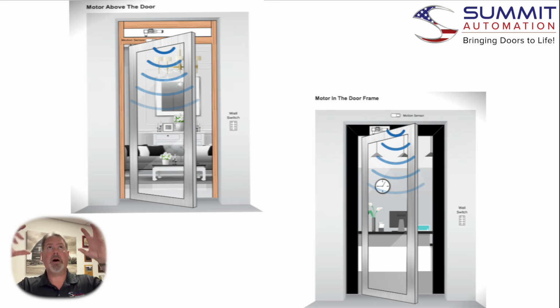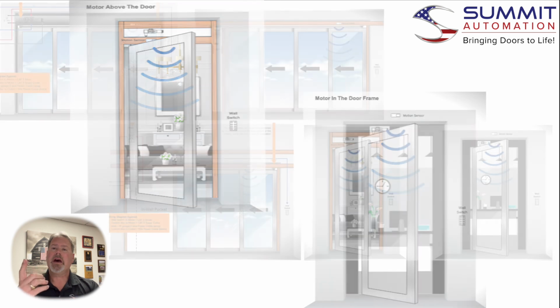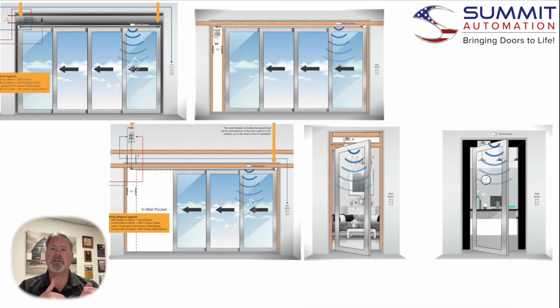Or it can go above, which basically needs 13 inches minimum clearance within the stud bay above the door to allow for the motor, the drive shaft, the couplers and things like that to be positioned. Each of those configurations I just walked you through has a graphical representation that you should have seen along with this.